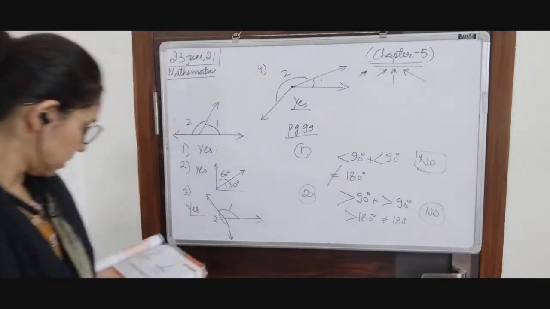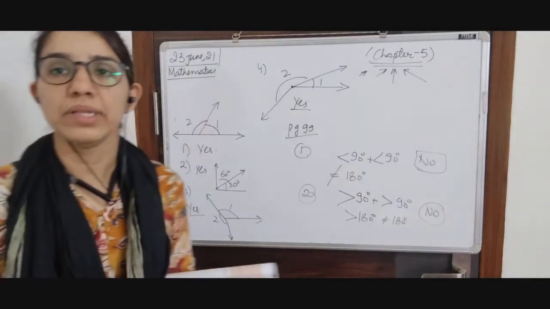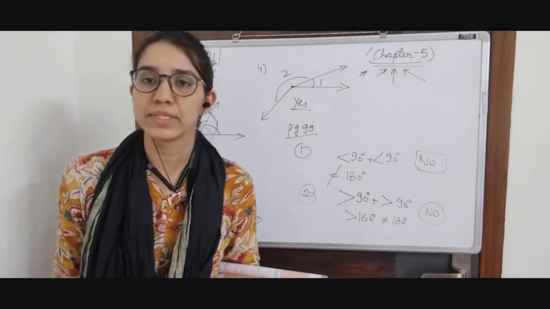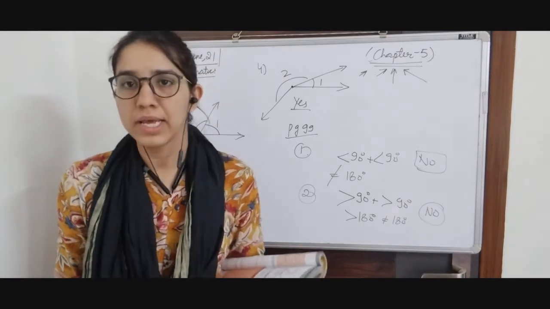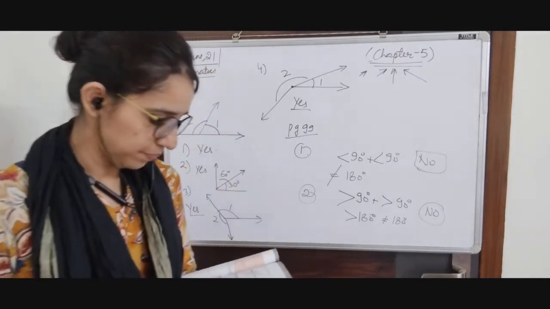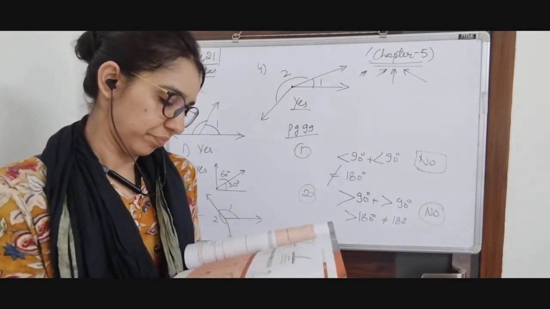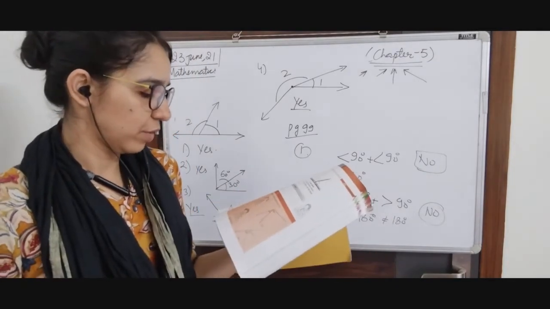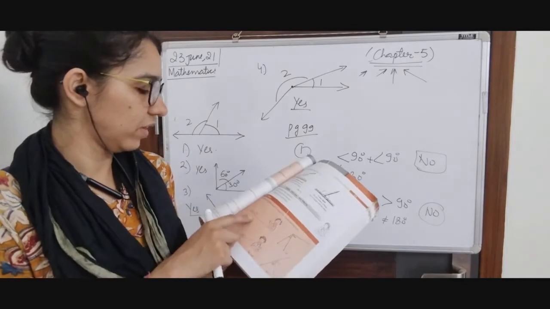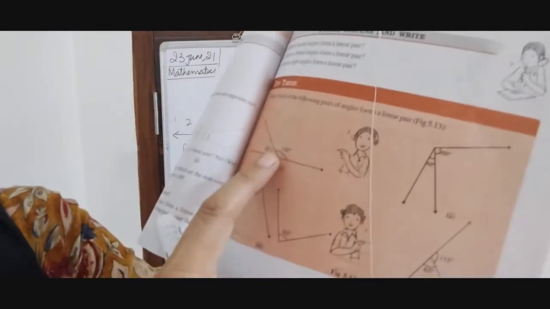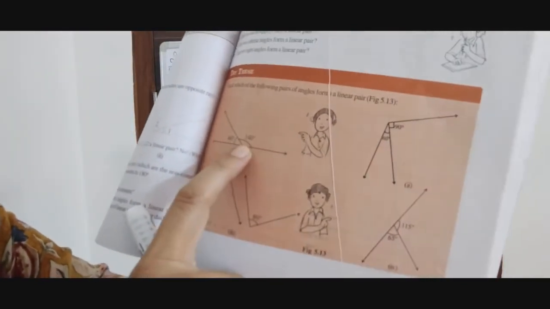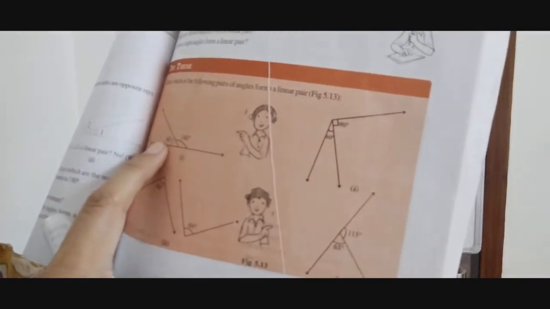Third is, can two right angles form a linear pair? The answer will be yes. 90 plus 90 is 180, a linear pair. Next we have to tell which one is a linear pair. You can easily see that the first one is a linear pair because 140 plus 40 is 180.